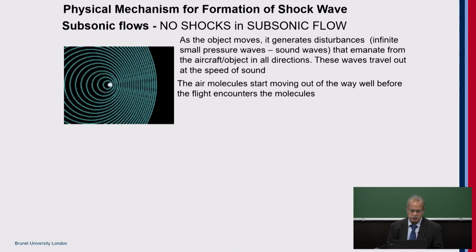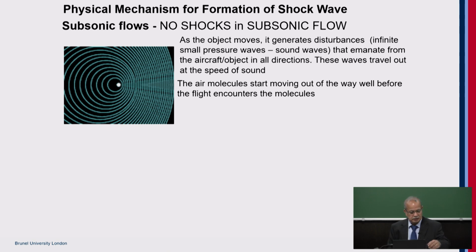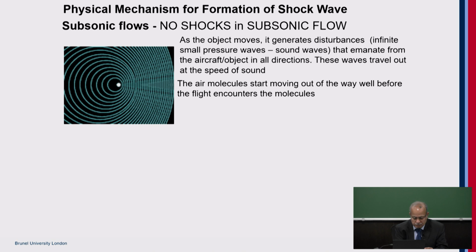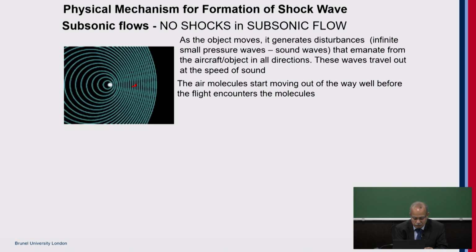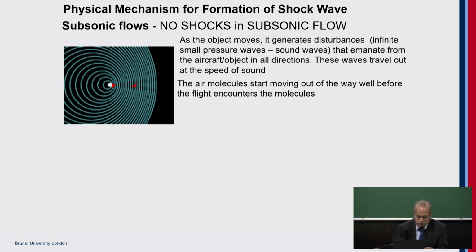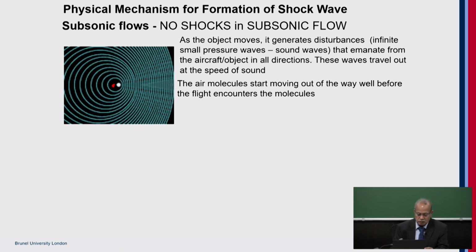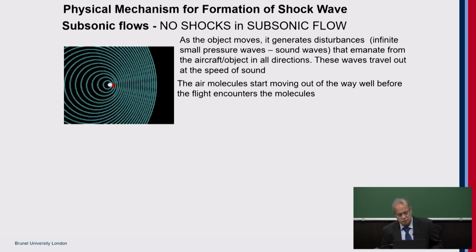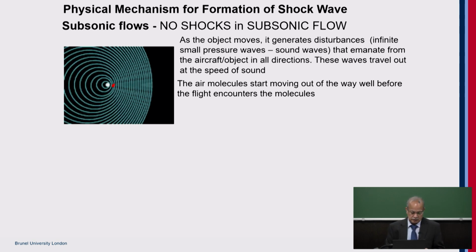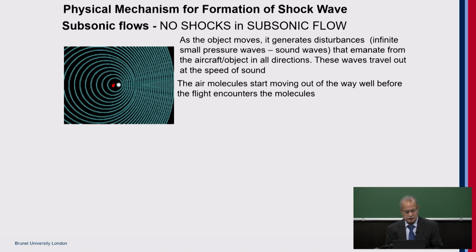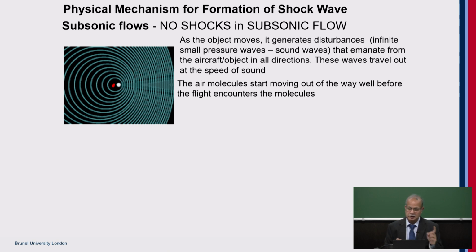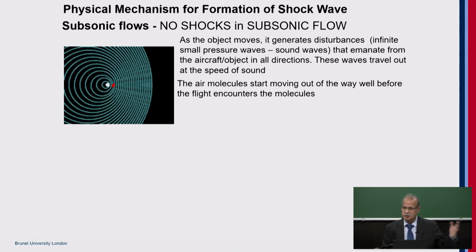When an object is moving at subsonic speed, you can see that if you look at the red dot there, before the white object comes and meets the red dot, the signal communicates to that red dot well ahead in time that an object is traveling.